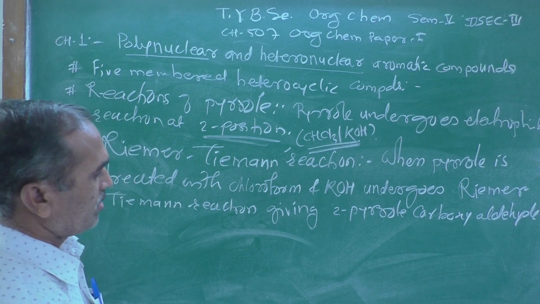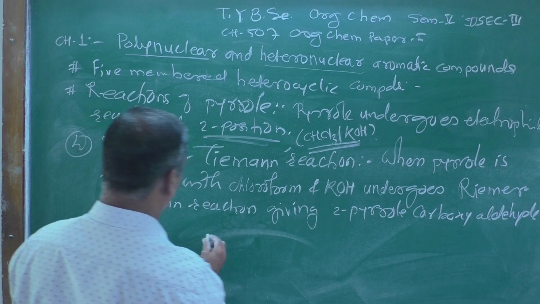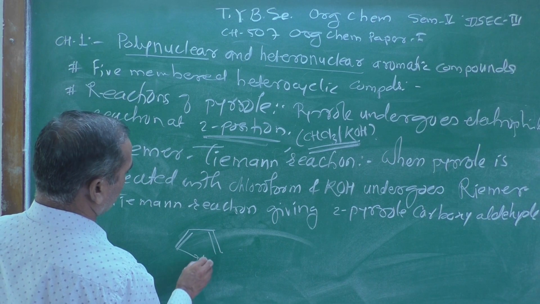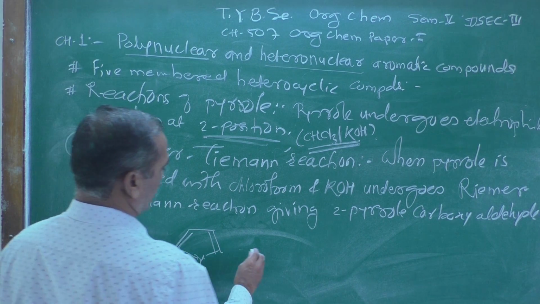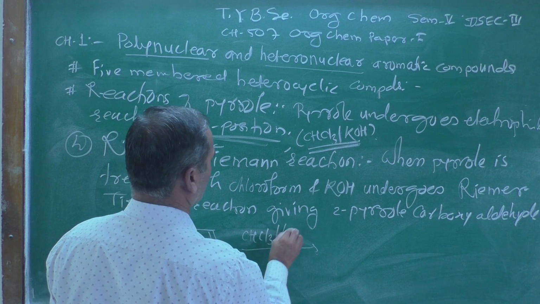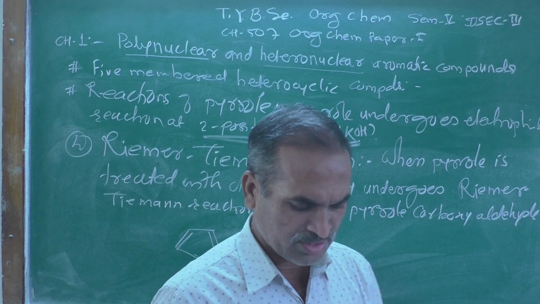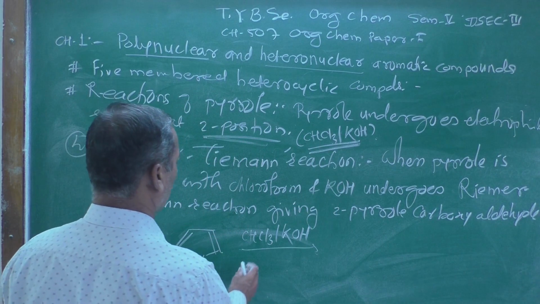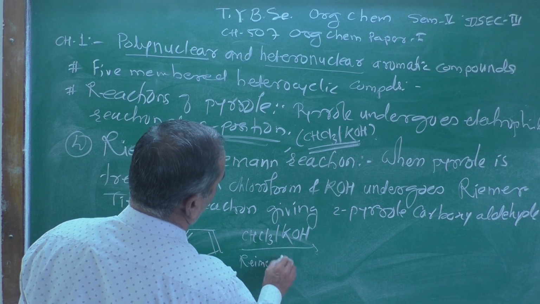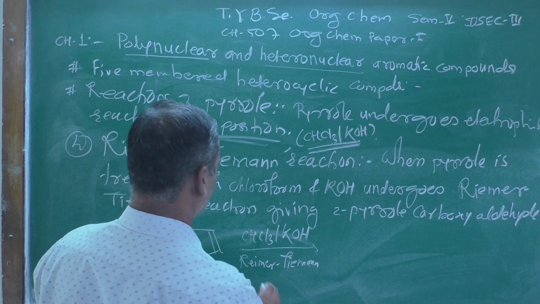As we know, our starting compound is pyrrole, and you already know the structure of pyrrole here. It is treated with CHCl3 in presence of KOH, and this reaction is known as the Reimer-Tiemann reaction.